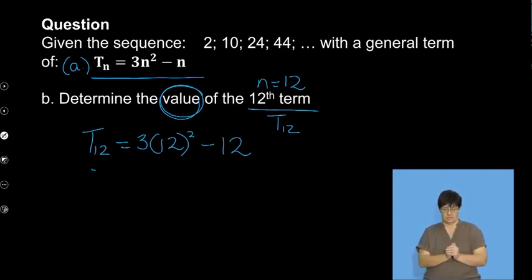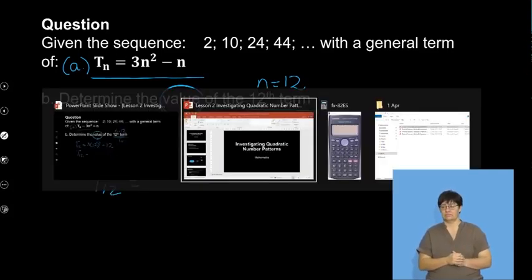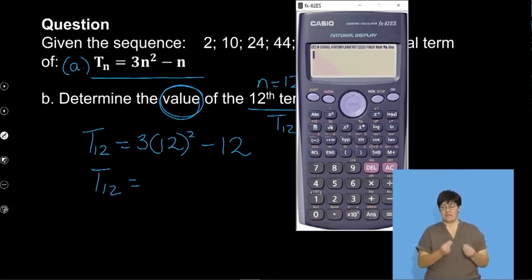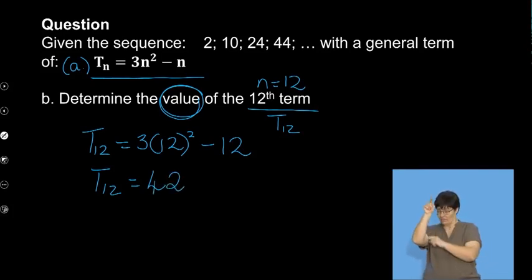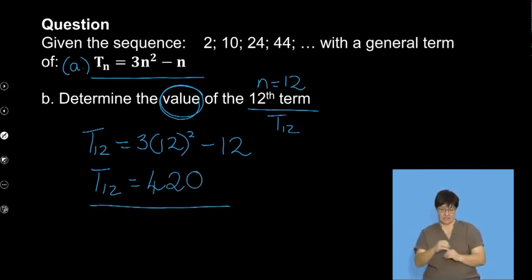Then if you type that all into your calculator, I'm going to type it in with you. We're going to have 3 times 12 squared minus 12. So we can see that the value of the 12th term is 420. Let's move on to question C.